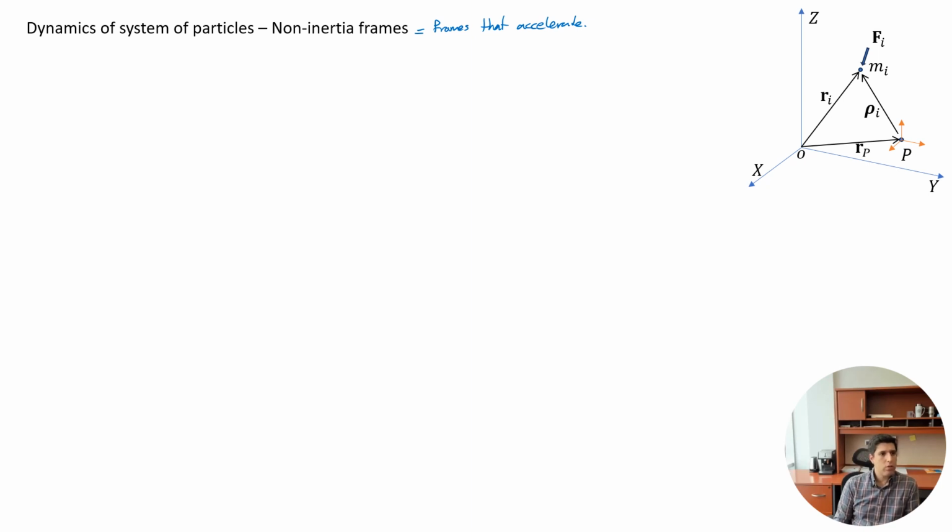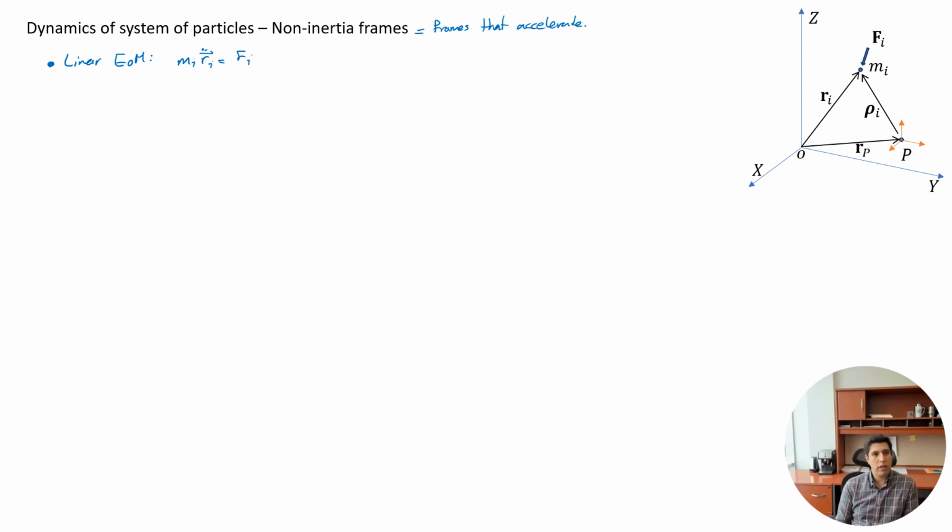So what we can do in translation or linear equation of motion, this is linear equation of motion. So we know m_i r double dot_i equals F_i.